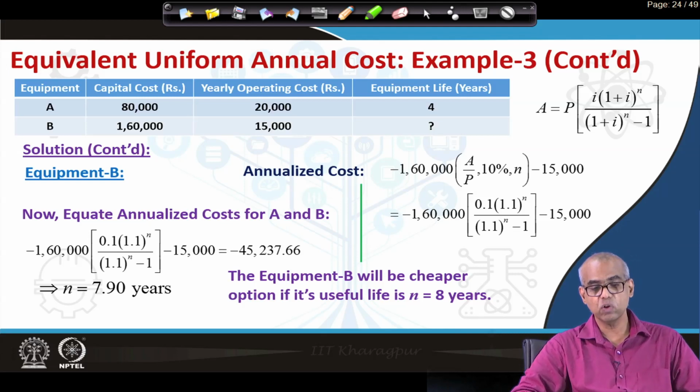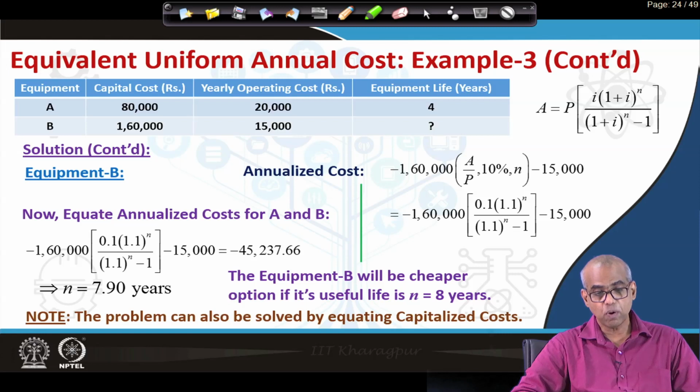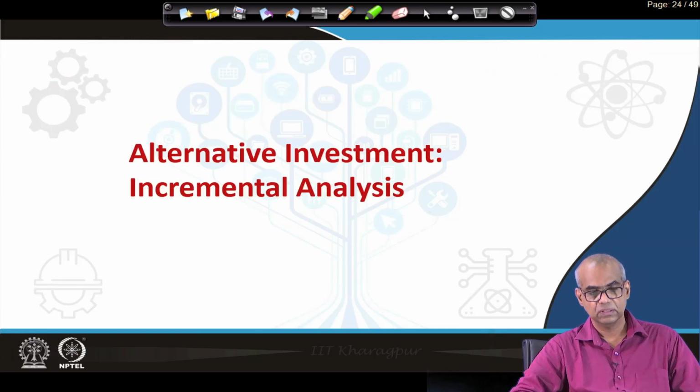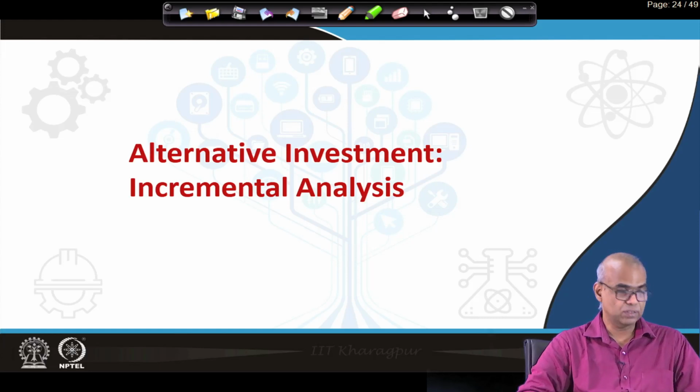So, at 7.90 years, equipment B will become competitive with equipment A. Equipment B will be the cheaper option if its useful life is 8 years. This problem can also be solved by equating capitalized cost. Now, let us talk about alternative investments, incremental analysis.